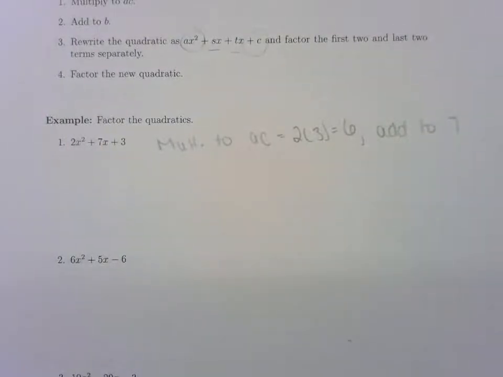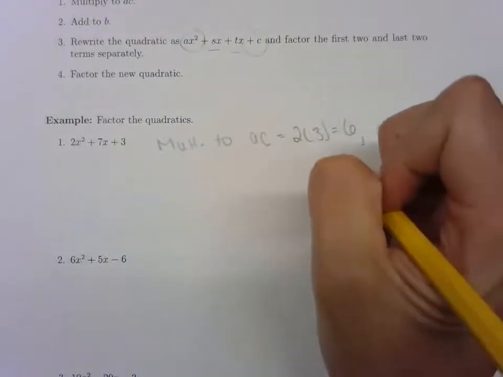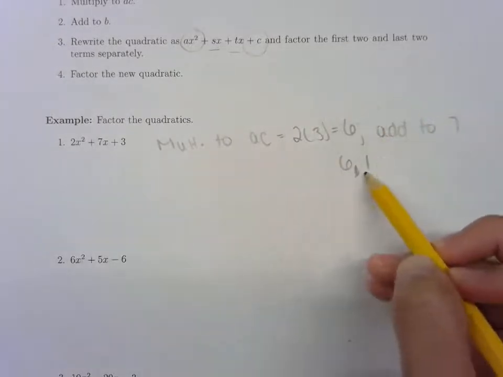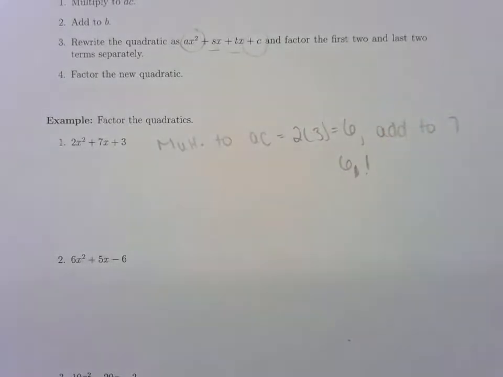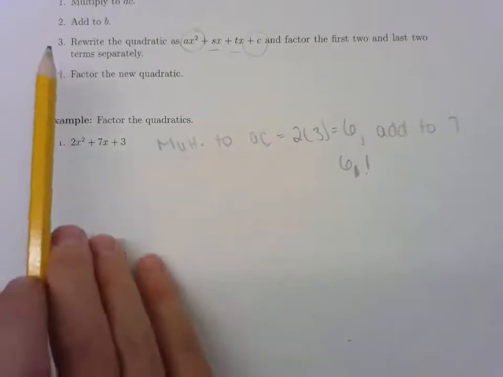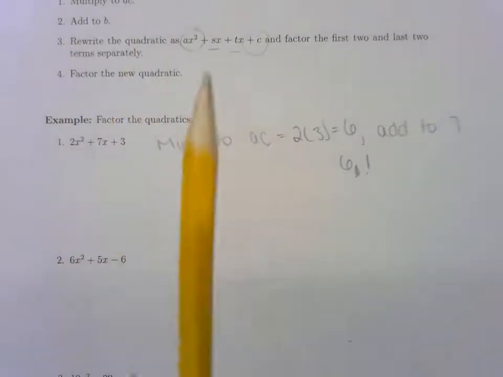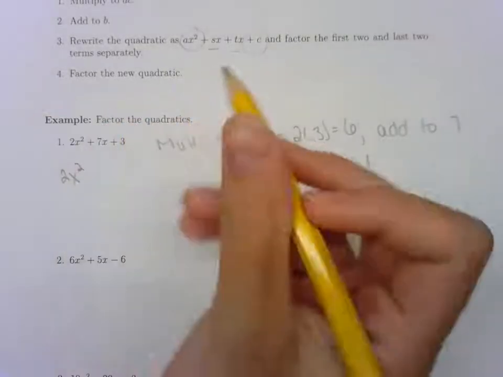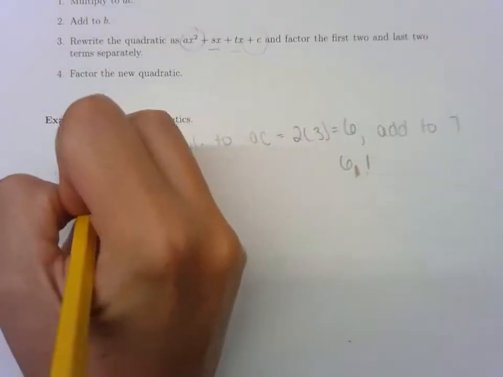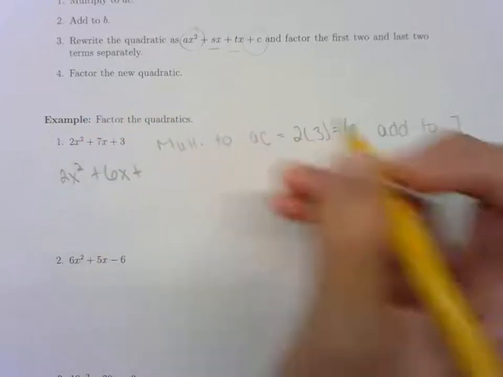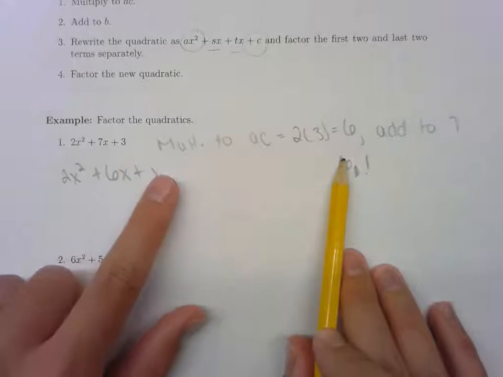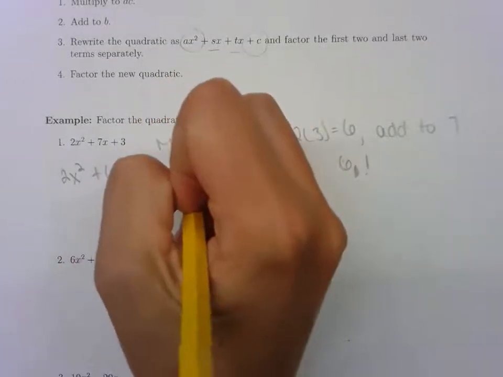That would be 6 and 1. 6 times 1 is 6, and 6 plus 1 is 7. So we've got 1 and 2 of those done. Now number 3, it says rewrite the quadratic as ax squared. So we're going to write 2x squared plus our first number x plus our second number x, which would just be x. So we're doing 6x and 1x, and then we copy c.